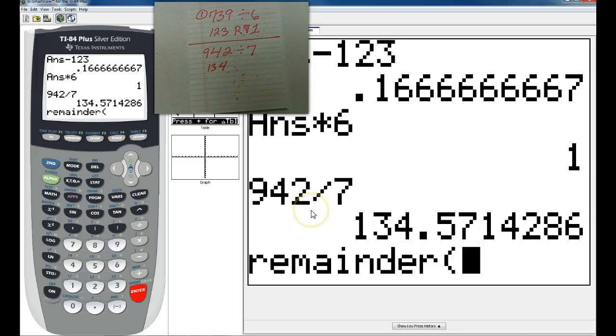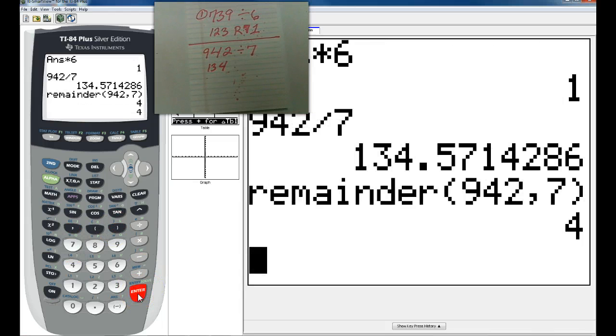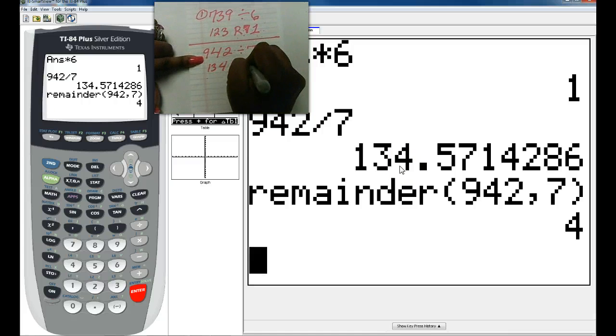So you would tell the calculator 942. And instead of putting a division bar, it won't take that. To separate the 942 from the 7, you need to put a comma, which is on top of the 7, comma, and then 7. Close your parentheses, and it's going to tell you that your remainder is 4. So your answer would be 134, remainder 4.